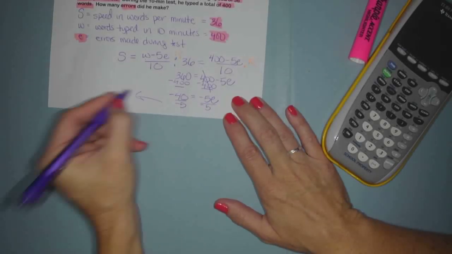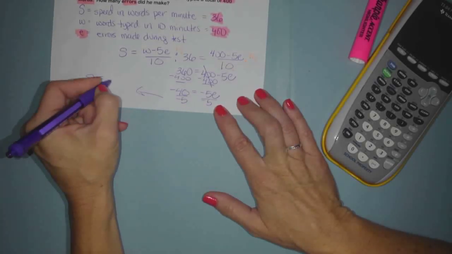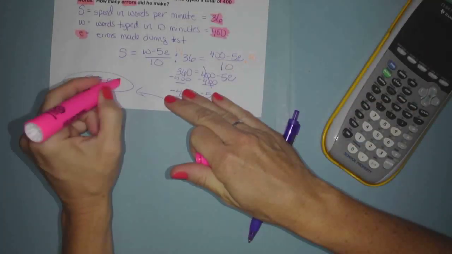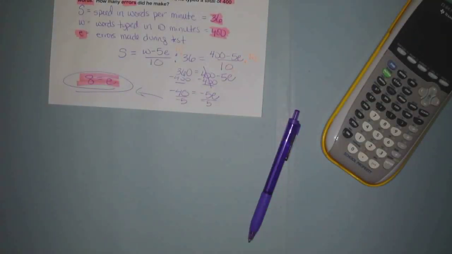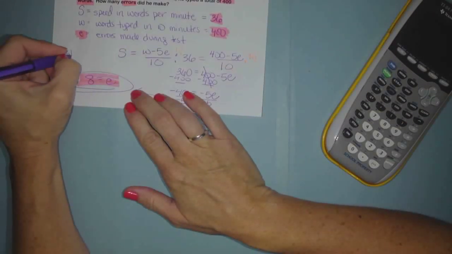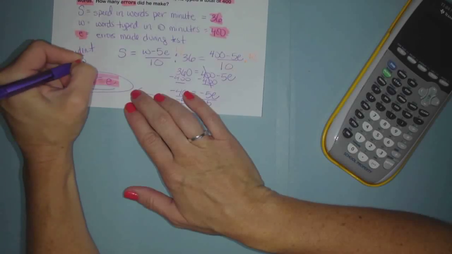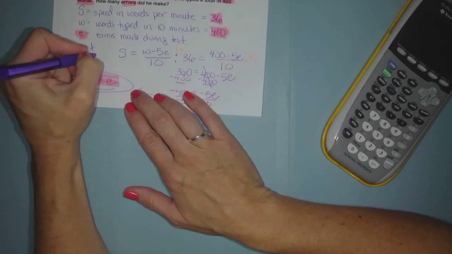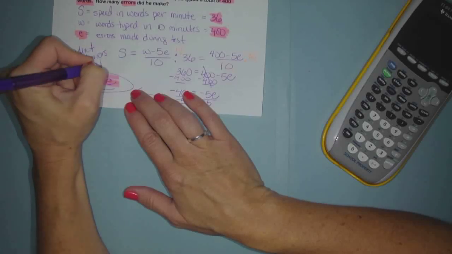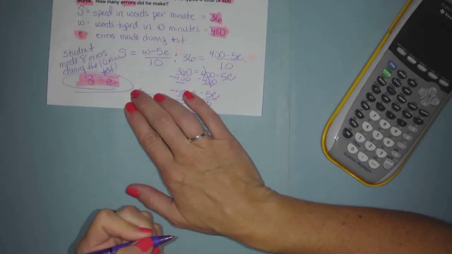Negative 40 divided by negative 5 is 8, and so that's going to be my e. So this student made 8 errors during his 10-minute test, the typing test.